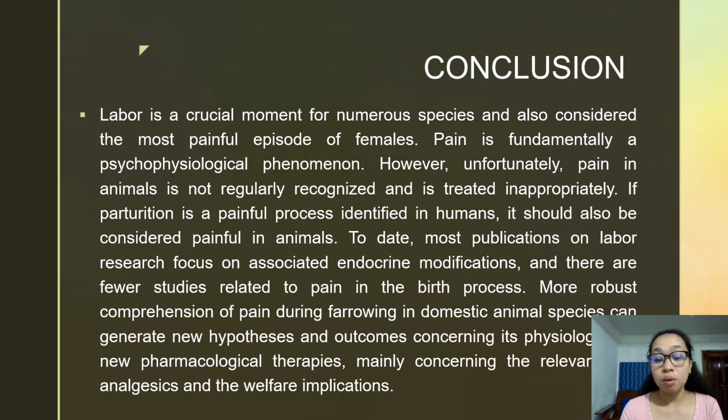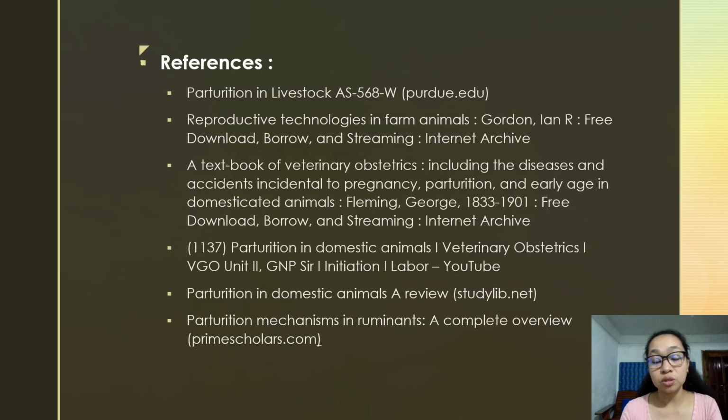To date, most publications on labor research focus on associated endocrine modifications, and there are fewer studies related to pain in the birth process. More robust comprehension of pain during farrowing in domestic animal species can generate new hypotheses and outcomes concerning its physiology and new pharmacological therapies, mainly concerning the relevance of analgesics and the welfare implications.